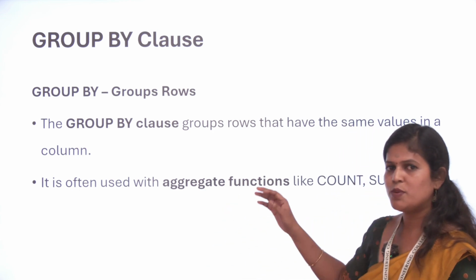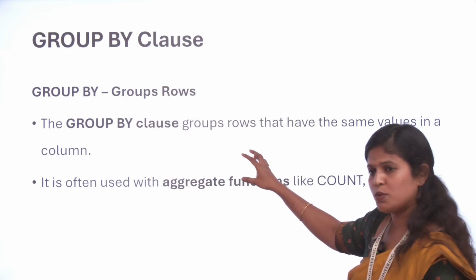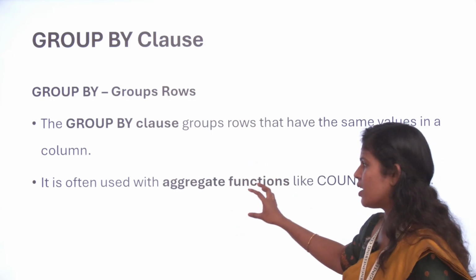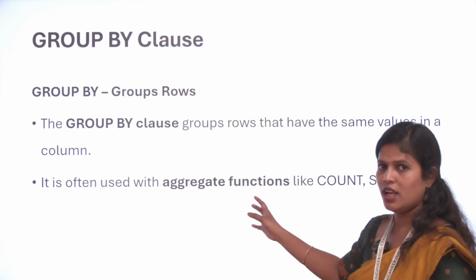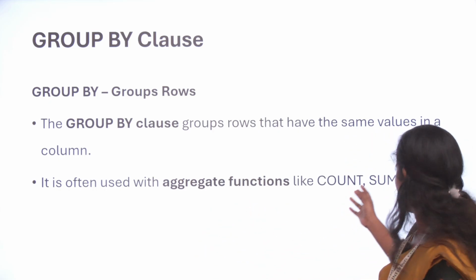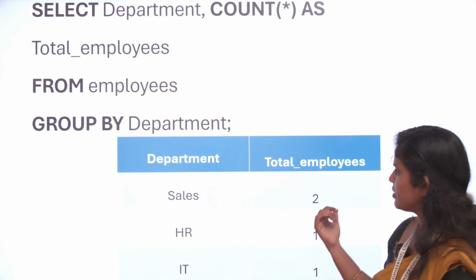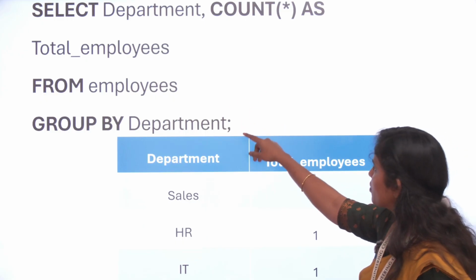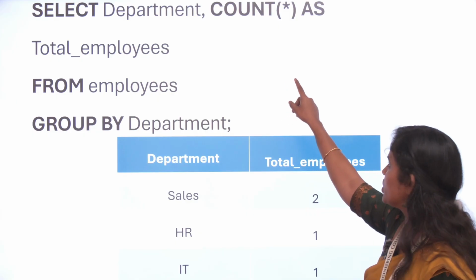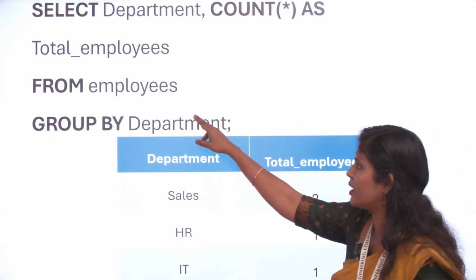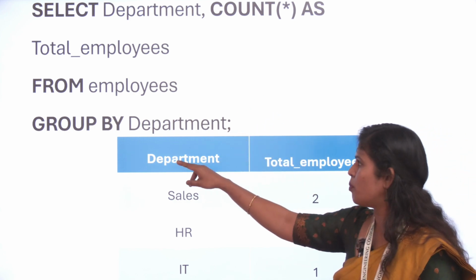The GROUP BY clause helps you group rows that have the same values in a column. To do that, we can also use aggregate functions like COUNT, SUM, AVG, and so on. The example for this is SELECT department, COUNT(*) AS total_employees FROM employees GROUP BY department.